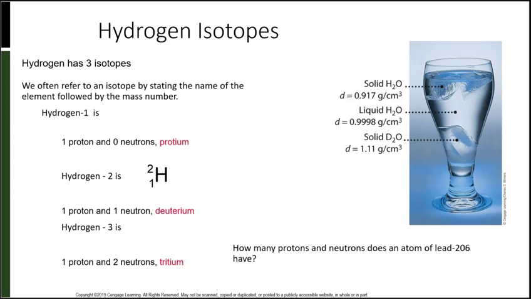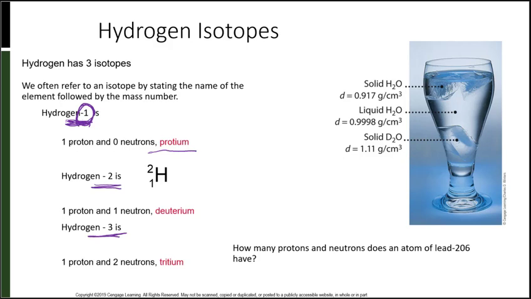Hydrogen has three main isotopes, and hydrogen is kind of special because we can call hydrogen 1, hydrogen 2, and hydrogen 3 by specific names. For other isotopes we won't be doing this. Hydrogen 1, if you've ever heard of protium, its mass is 1.